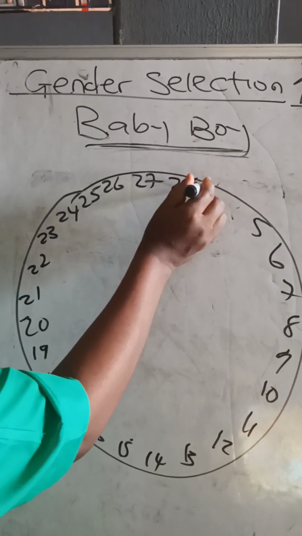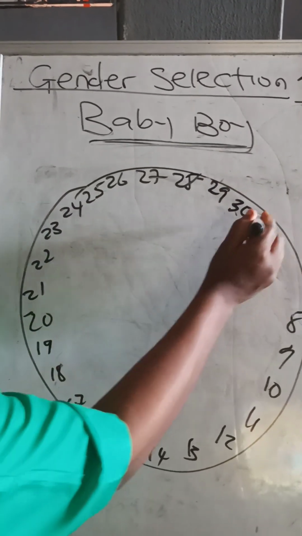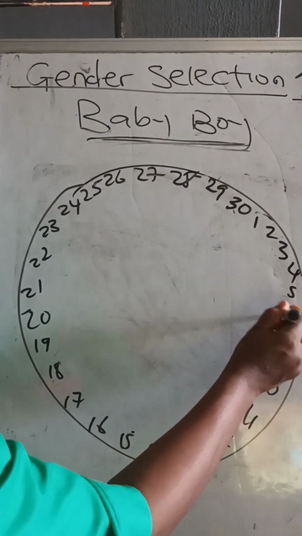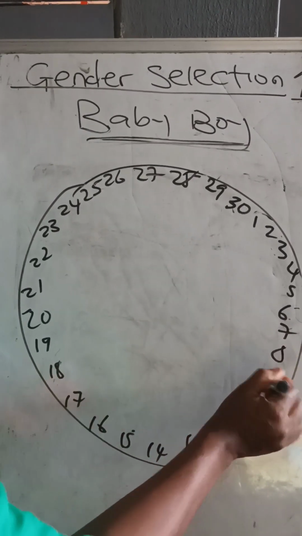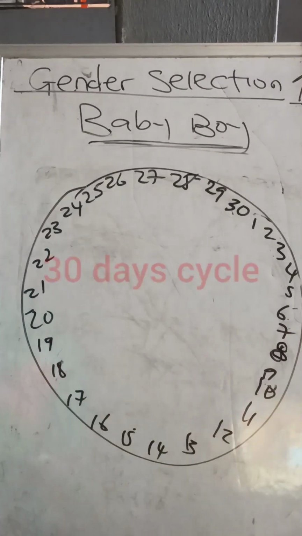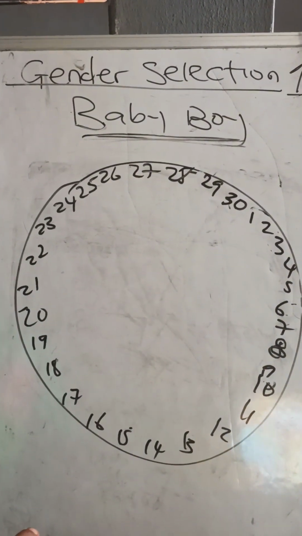Let's make it up to 30, 29, 30. Good. This is a cycle chart of someone that has a 30 day cycle.